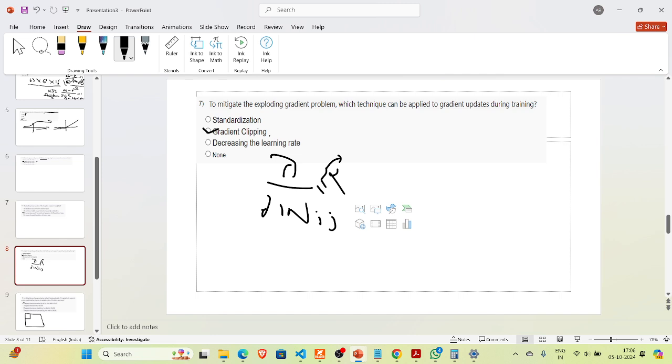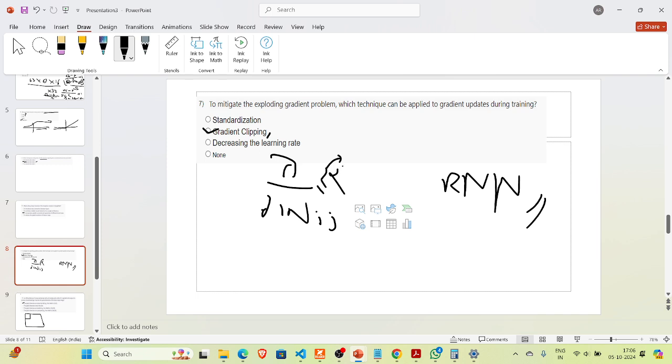I explained the gradient clipping concept. In some deeper networks, especially the recurrent neural network, which I don't think will be covered in this course, the gradient blows up.